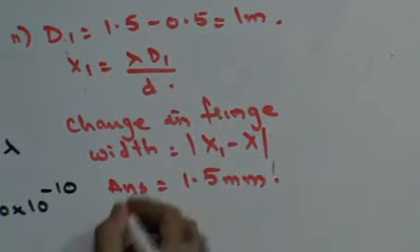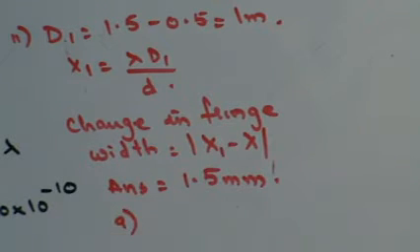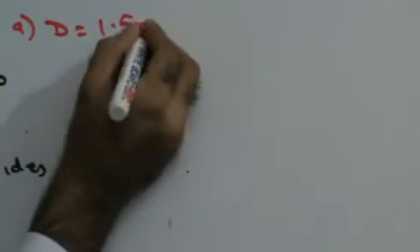Take the next one, please. In Young's experiment, the screen is placed 1.5 meters away, and the fringe width is 6.5 millimeters.